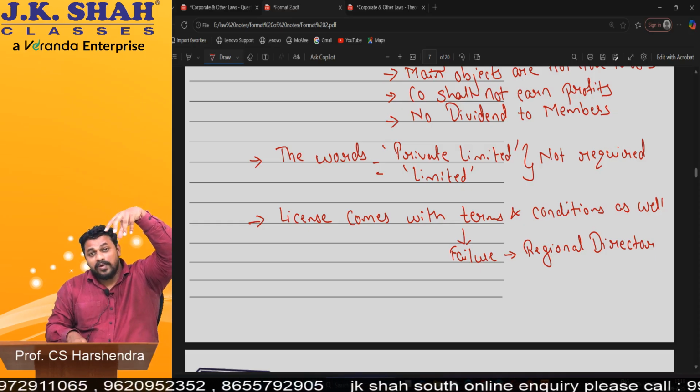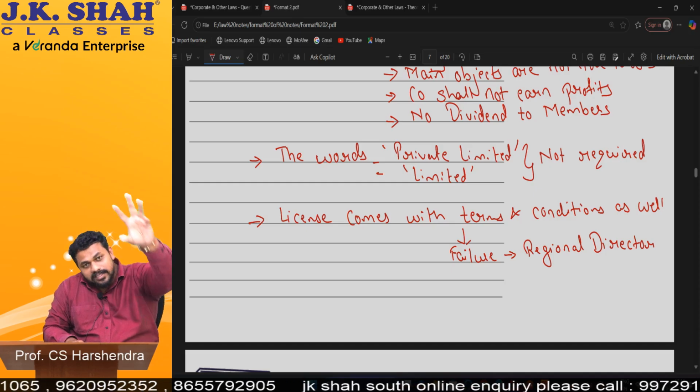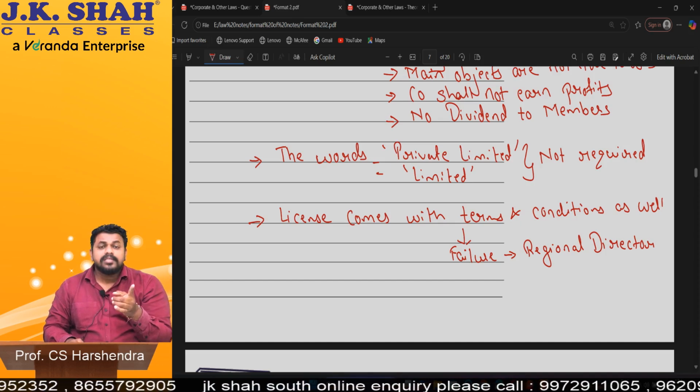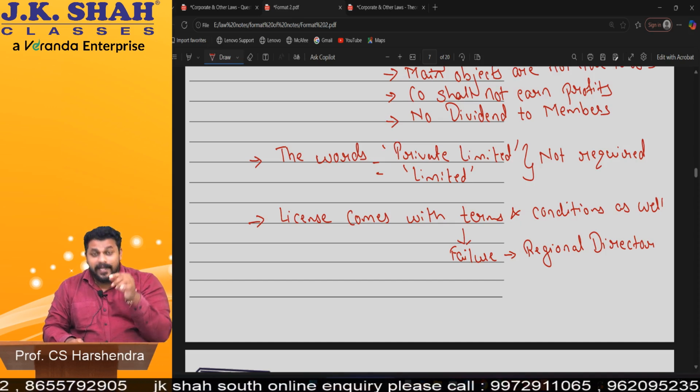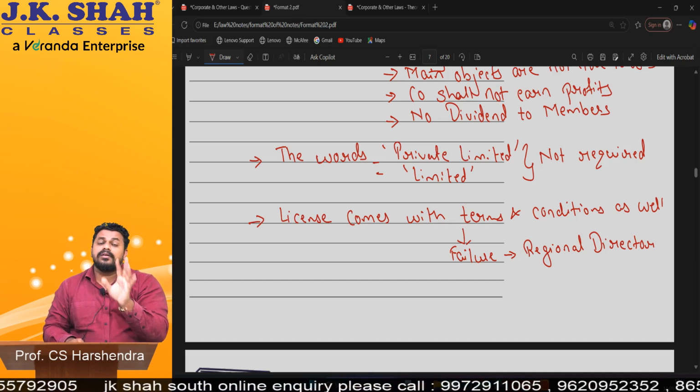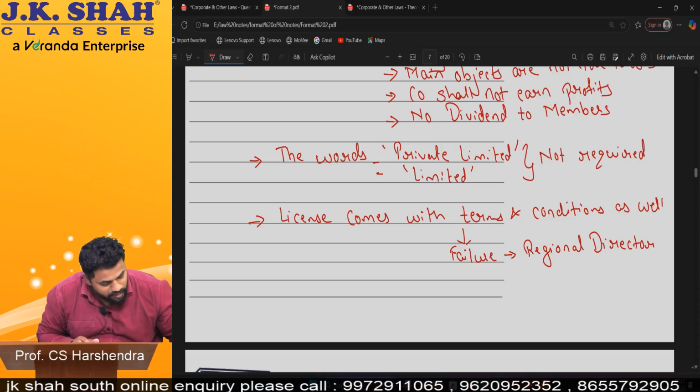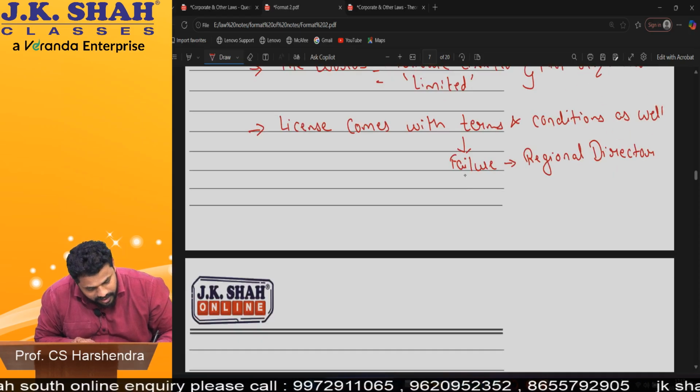So actually, I told you, the power to issue and cancel a license is with the central government, but the power to issue a license is given to whom, beta? ROC. Cancel the license is given to whom, beta? Regional director. Am I clear? So what can the regional director do? Understand. He can do 3 things.